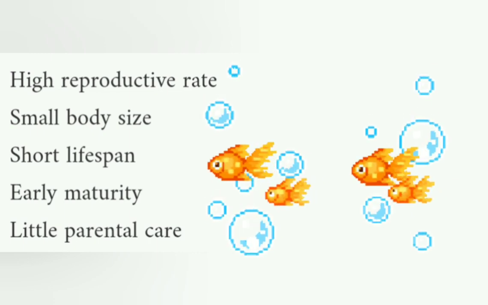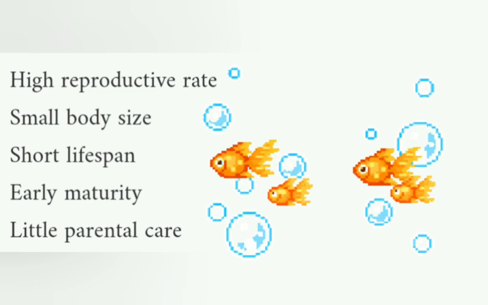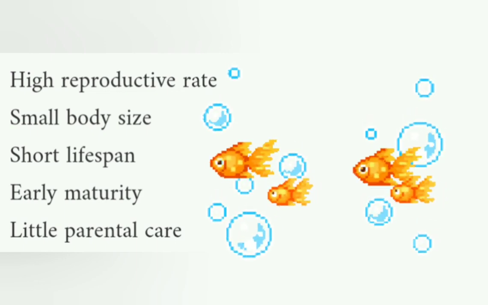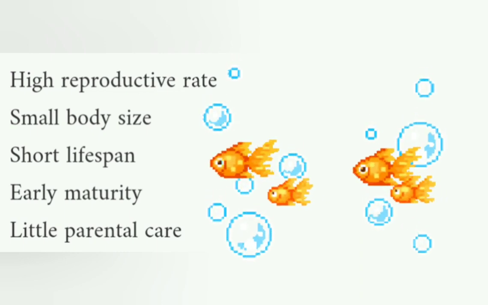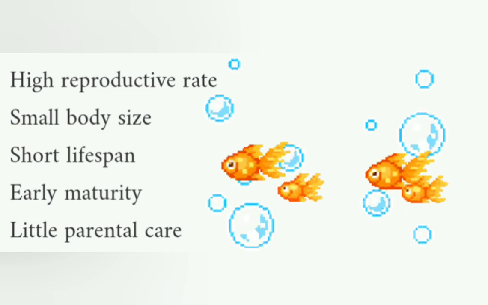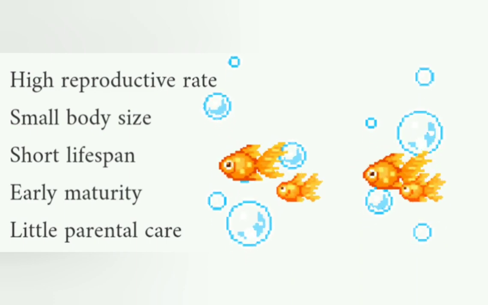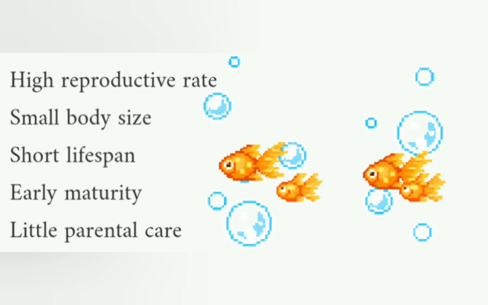Body size is small, and they have short lifespan. They don't live for many years. Their maturity is pretty early. That means they mature early. There is very little parental investment. That means very little parental care.